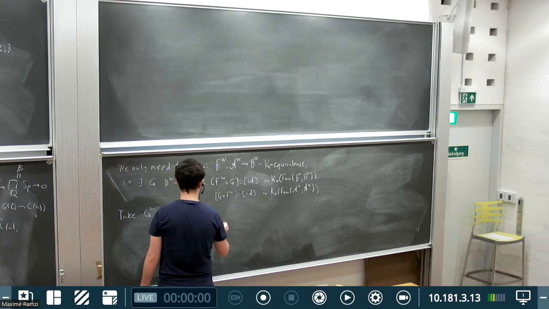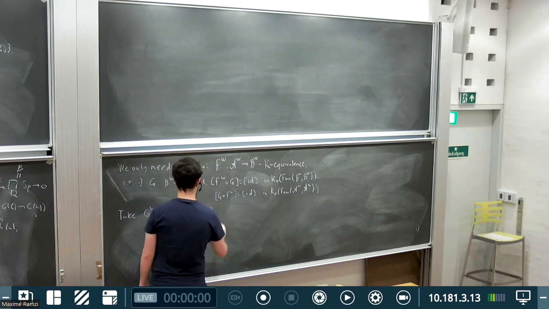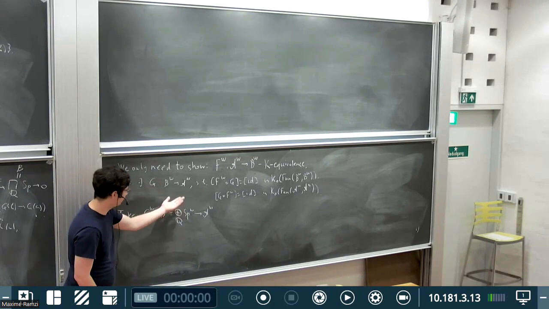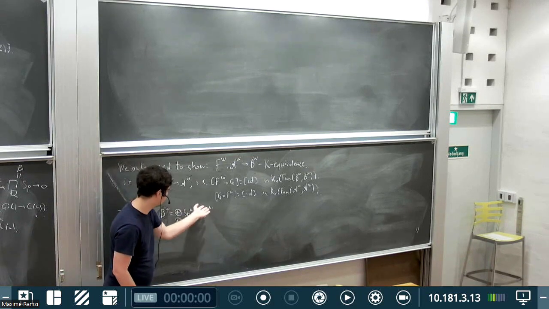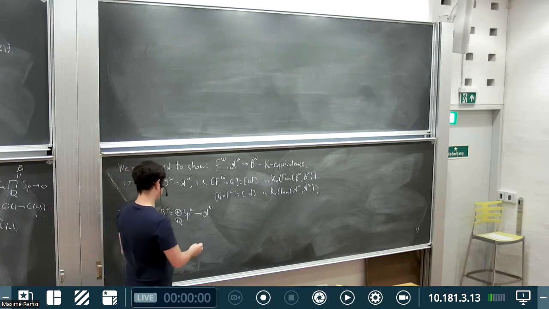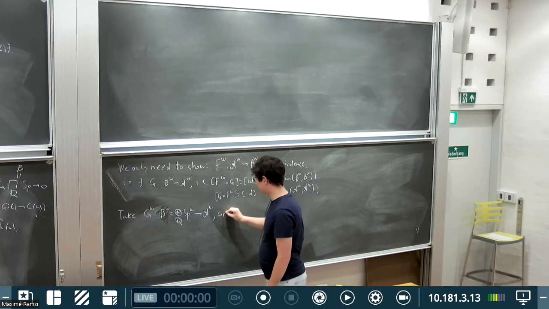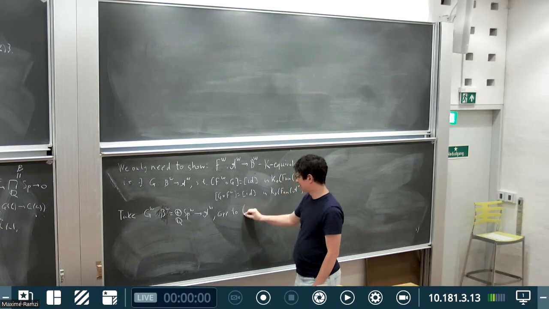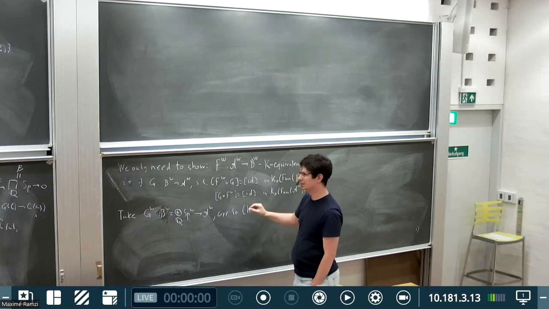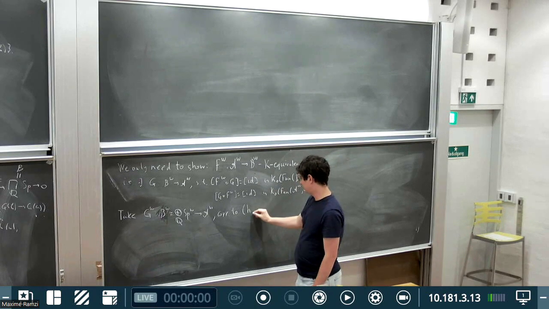And to define the section, we just need, defining such a functor is the same as defining a collection of objects. Here it is indexed by rational numbers, but it corresponds to the collection of representable presheaves, stabilizations of representable presheaves.